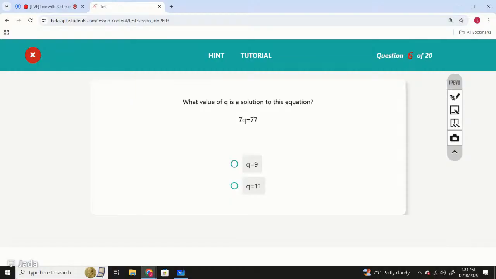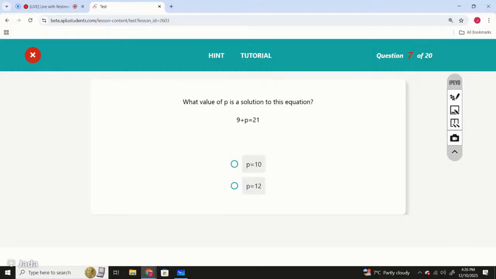Q is equal to 11. Option number 2 is the correct option. That is q equals 11.